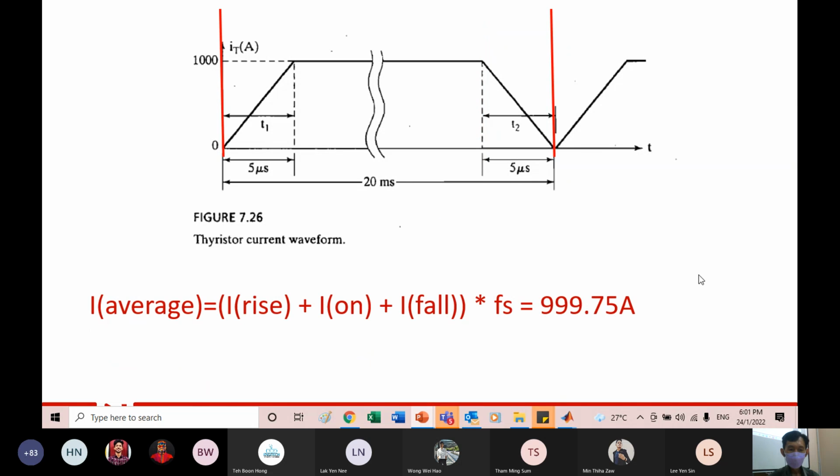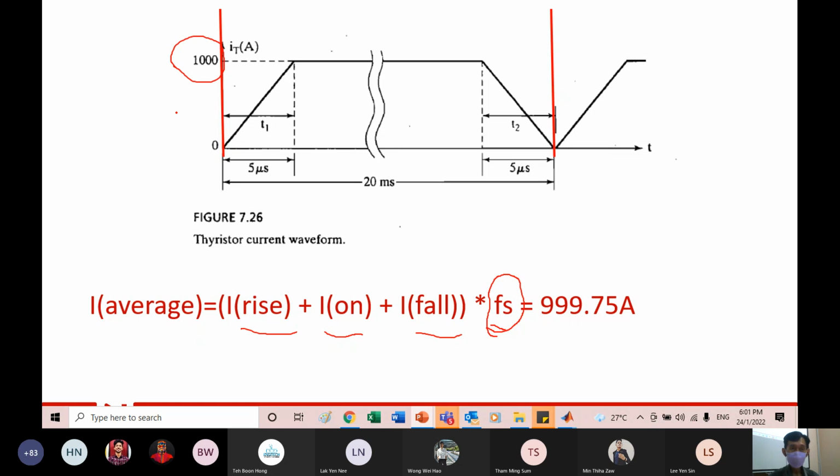Now, the total average current. The total average current will be I rise plus I on plus I fall, multiplied by the frequency. And you get 999.75. So that's over 1000.